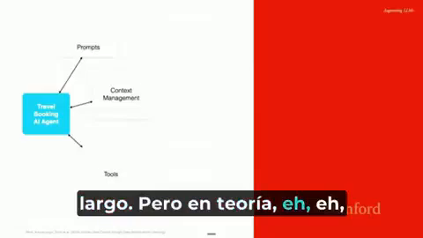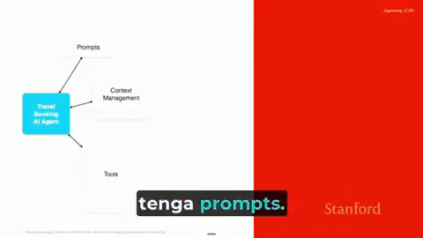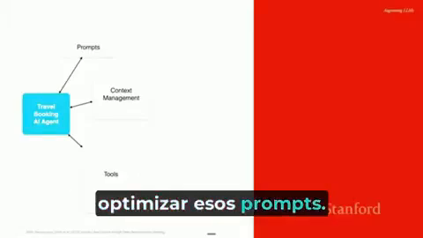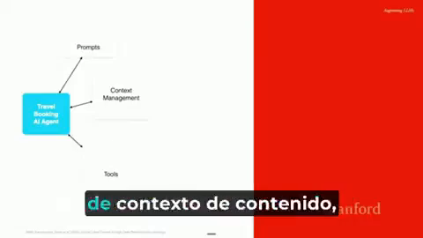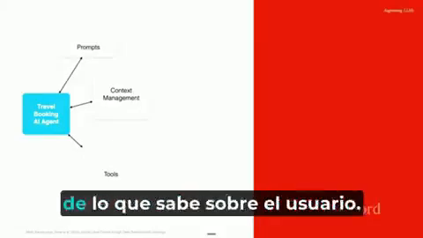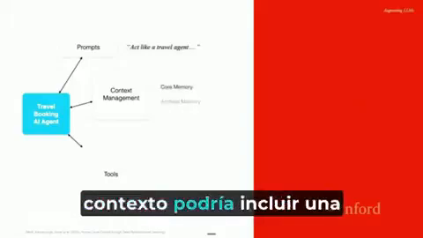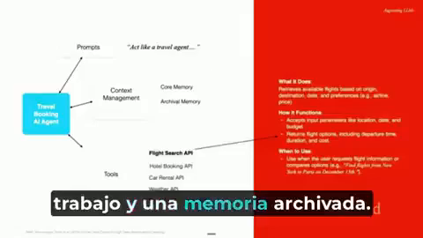But in theory, you can have a travel booking agent that has prompts. The prompts we've seen, and we know the methods to optimize those prompts. That travel agent also has a context management system, which is essentially the memory of what it knows about the user. That context management system might include a core memory or working memory and an archival memory.